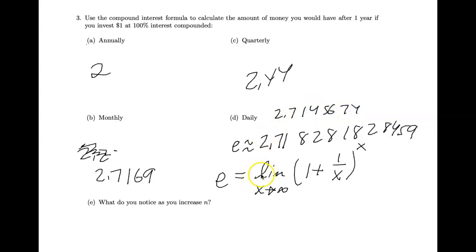So what that's telling us is that as the value for n gets larger, n is 1, n is 4, n is 12, n was 365, n is 1,000, the answer became closer and closer to e, so much so that we can say that it is e.